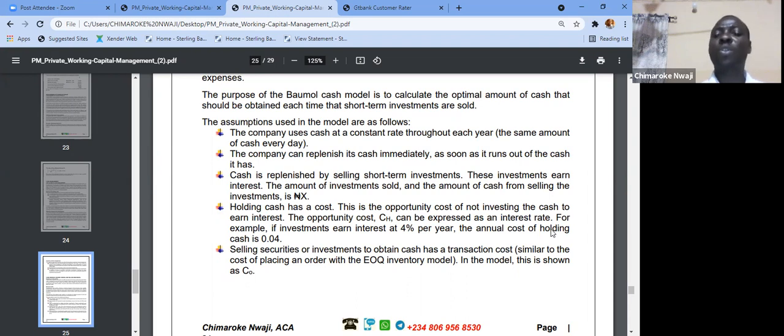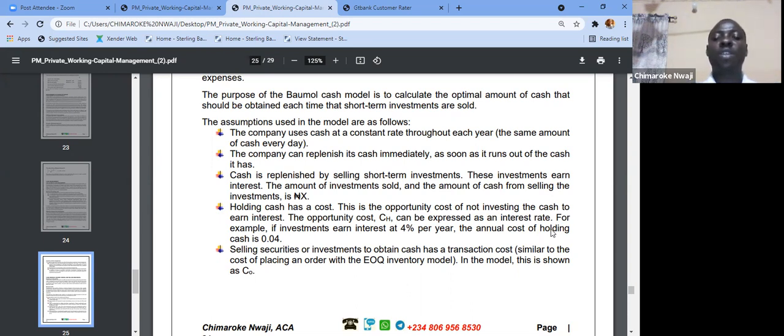It is always expressed as an interest rate per year. So in an example, if it's 4% per year, you need to convert it to decimal.